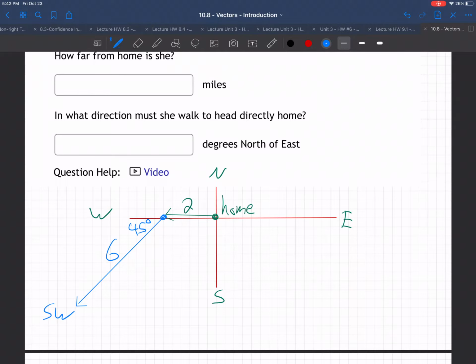So the question is, how far is she from home, and in what direction must she walk to head back to her house?